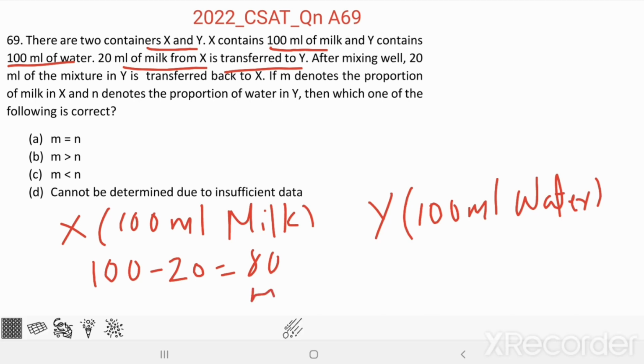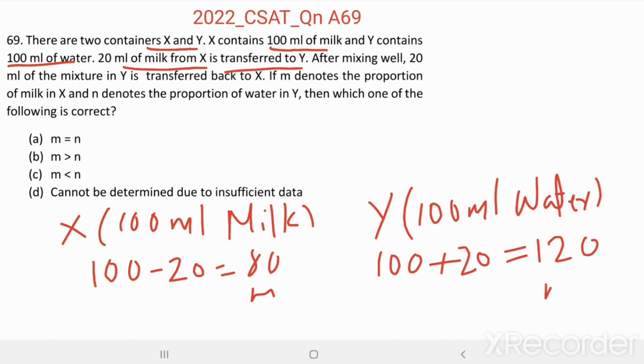In container Y, 100 ml of water plus 20 ml of milk gives 120 ml of milk plus water.